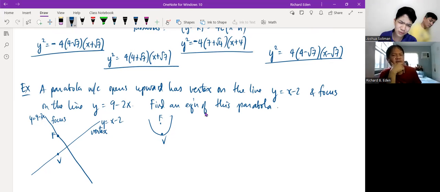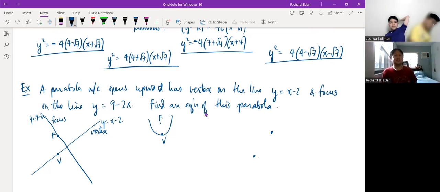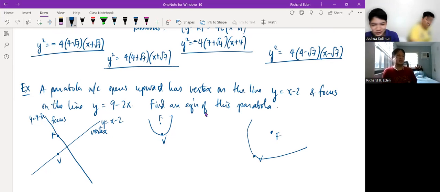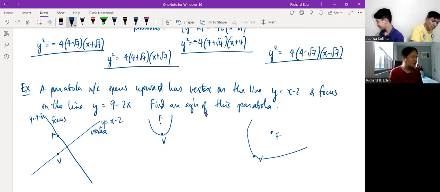But are we sure that only one focus lies on the line? I mean, kasi, di ba, if you're given any 2 points, I can create a parabola where this is the vertex and where that's the focus. Okay, so there are infinite number of solutions. Tama, di ba? So I wonder if there is something missing in the problem.